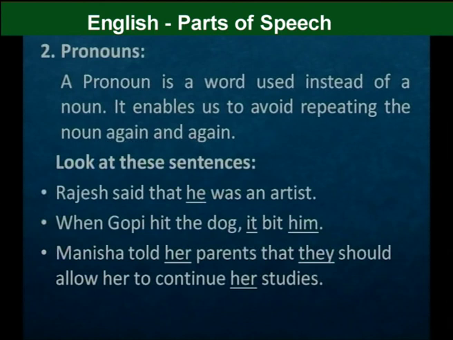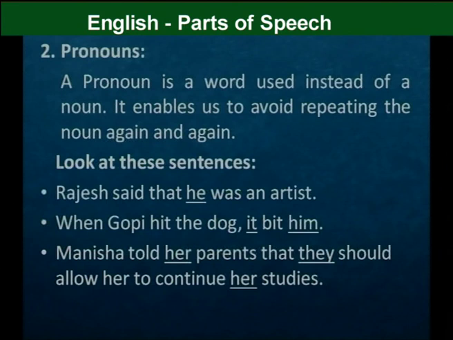Similarly, another example, when Gopi hit the dog, it bit him. So, it refers to dog. Him refers to Gopi. So, instead of dog again, when Gopi hit the dog, the dog bit Gopi.